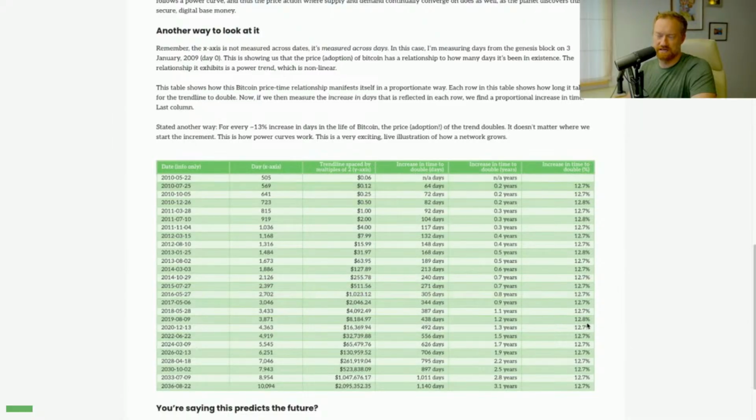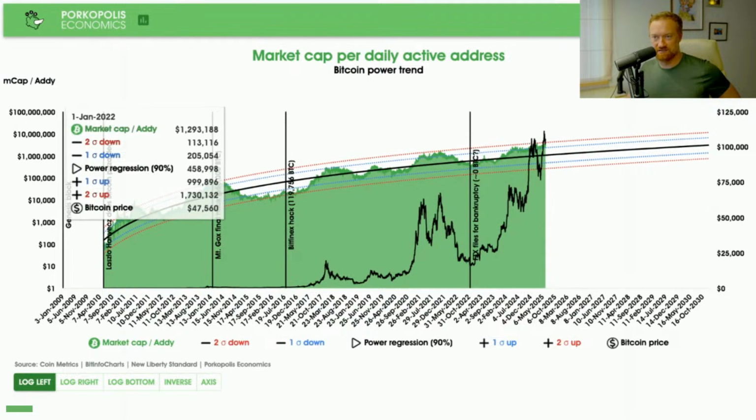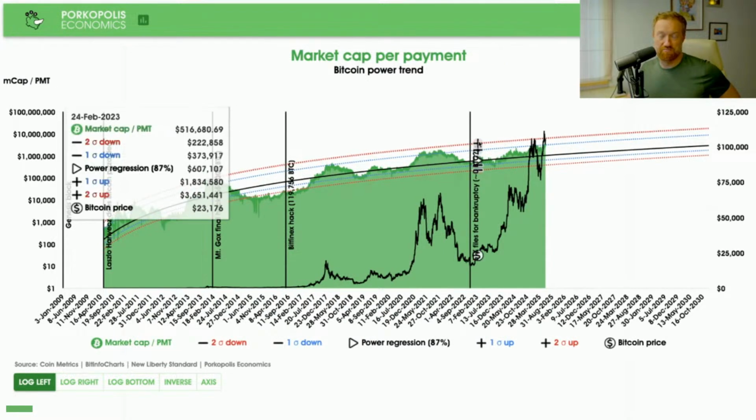I don't have a chart or a table to show you yet, but if you wanted to ask the question, for what increase in days would it take for the market cap per daily active addresses to double, or the market cap per payment to double? Since the growth is slower, the power is lower, the growth will be longer, and it's about 20%.